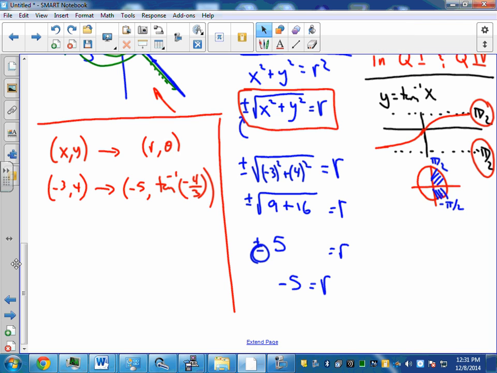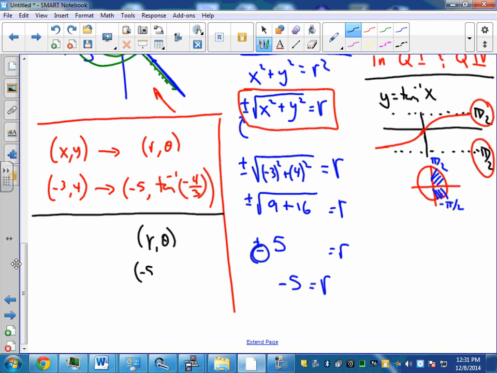Now, just as a double check, here's sort of like the Jeopardy question. I'll give you the answer, and you've got to come up with the question. Suppose I gave you r theta was -5 and tan inverse of -4/3, and I wanted you to find now xy. And you go, oh, I have nice easy formulas for those.